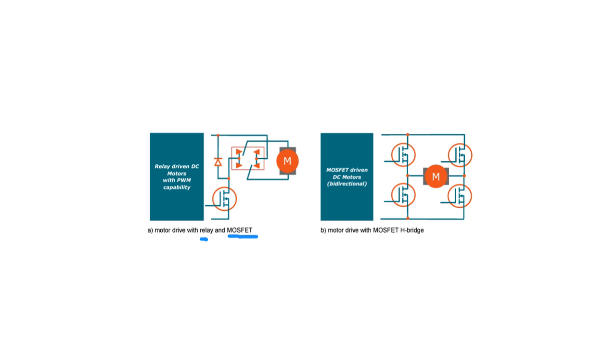If you use a MOSFET, you cannot hear any noise. Also, service life is very high. Why? Because a relay is electromechanical, while a MOSFET consists of chemical, physical material.